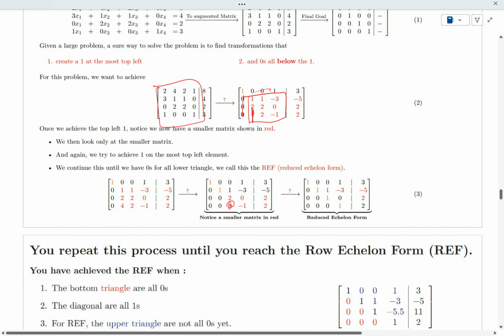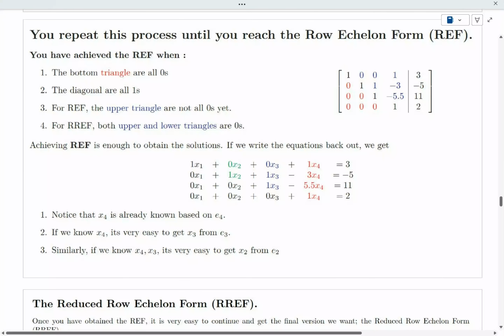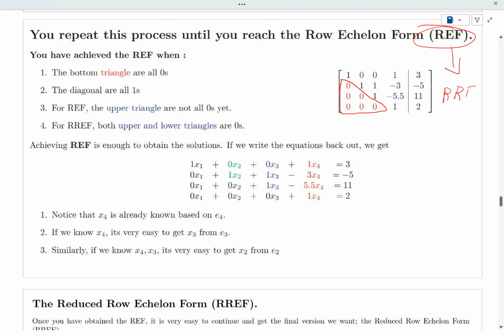All right, once you have achieved row echelon form, which is when the bottoms are all zero, you want to go from row echelon form to the reduced row echelon form. And you can use the exact same idea. If you know the 1 here, you can use this one to zero them out.